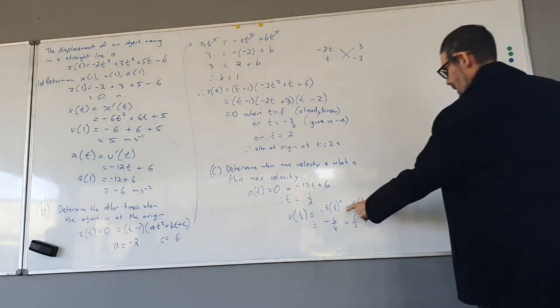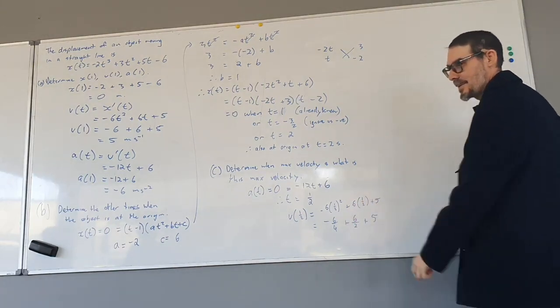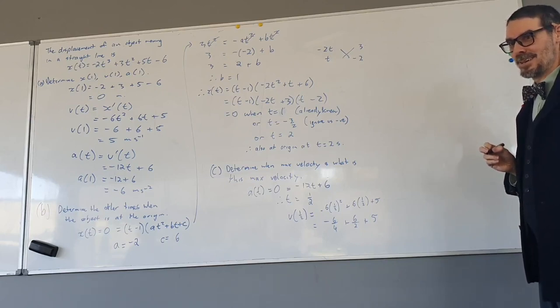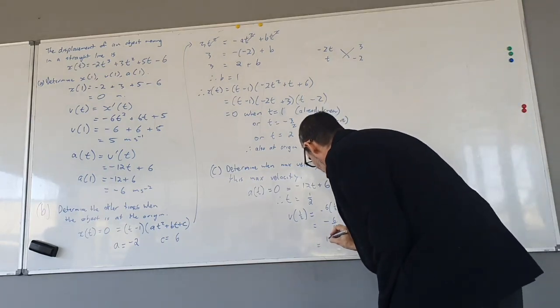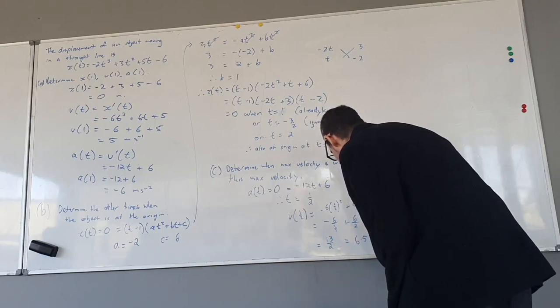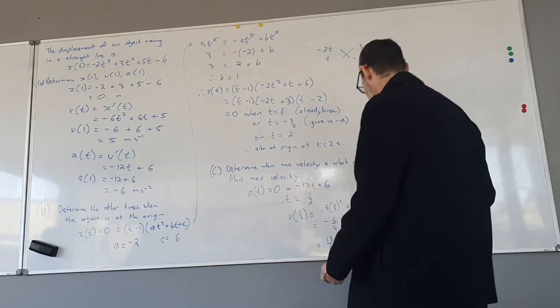So that's 3 on 2 plus 5, which is 3 on 2 plus 10 on 2, or more conventionally, 6.5 metres per second.